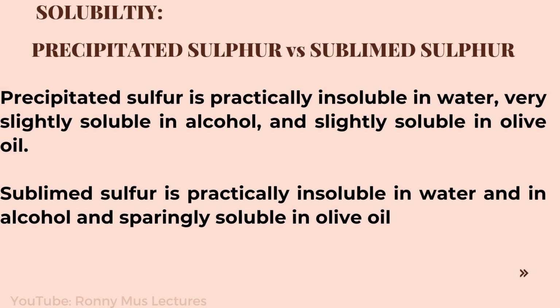Precipitated sulfur is practically insoluble in water and very slightly soluble in alcohol and slightly soluble in olive oil, whereas sublimed sulfur is practically insoluble in water and in alcohol and sparingly soluble in olive oil.